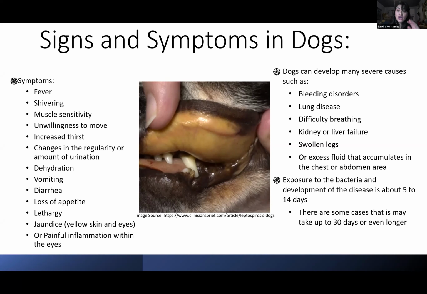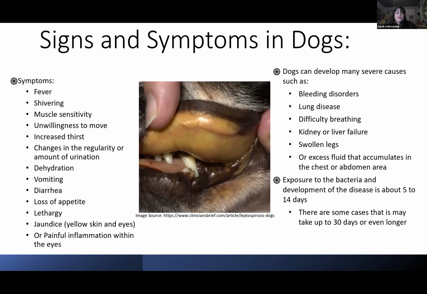But when they do, the symptoms are fever, shivering, muscle sensitivity, unwillingness to move, increased thirst, changes in the frequency or amount of urination, dehydration, vomiting, diarrhea, loss of appetite, lethargy, jaundice, yellow skin and eyes, or painful inflammation within the eyes. This picture actually is showing the yellowness that it could cause in dogs.